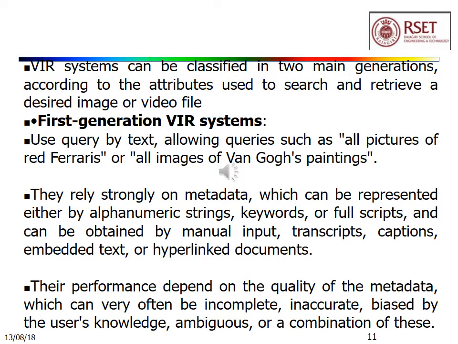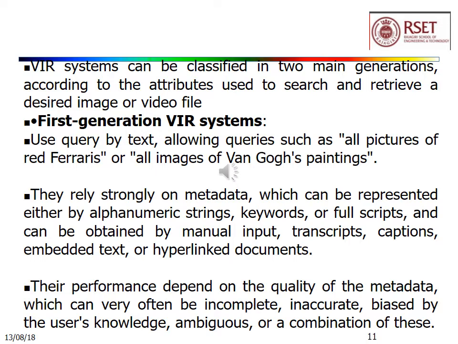The VIR system can be classified mainly into two generations based on the attribute used to search and retrieve the desired image or video. The first is the first generation VIR system, where VIR stands for Visual Information Retrieval System. Here we use query by text.